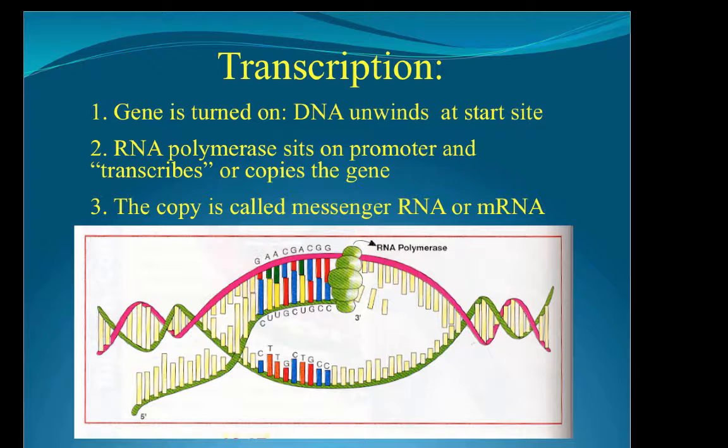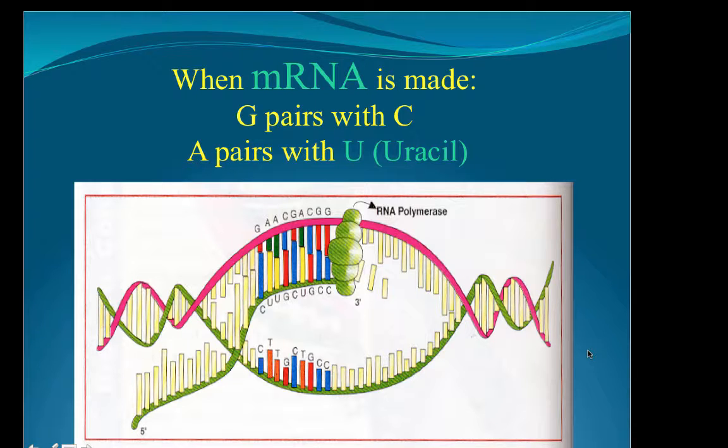And the copy, or the product, is called messenger RNA, or mRNA. When mRNA is made, it's also going to be made up of nucleotides, where G is going to pair with C, and A is going to pair with uracil, and uracil is going to replace thymine. So if you see the nucleotide U anywhere, you know that you are dealing with messenger RNA and not DNA.